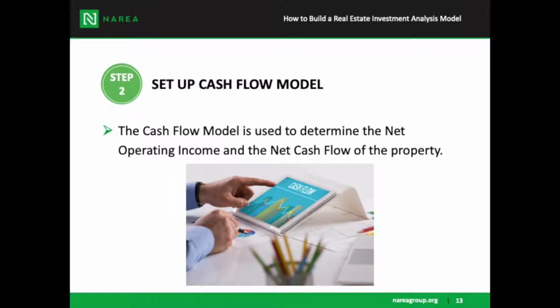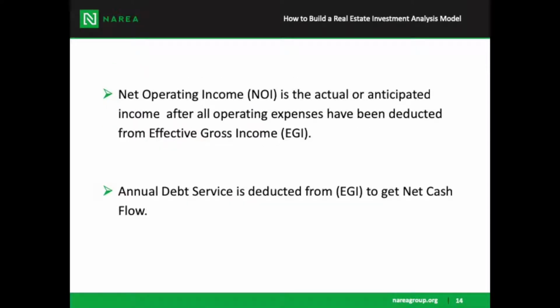So the next step is to set up the cash flow model, and that's used to determine the net operating income, which is going to give you value and help you with your net cash flow and all of that jazz. So the net operating income is basically the actual or anticipated income minus your vacancy rate, things like that, and minus your operating expenses.